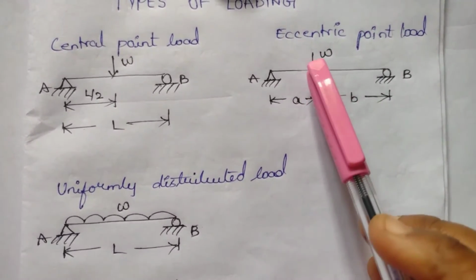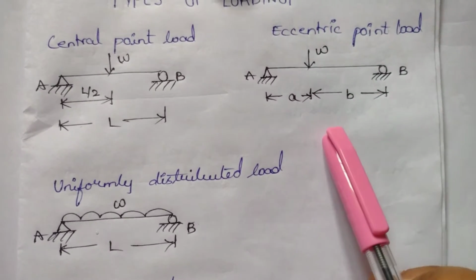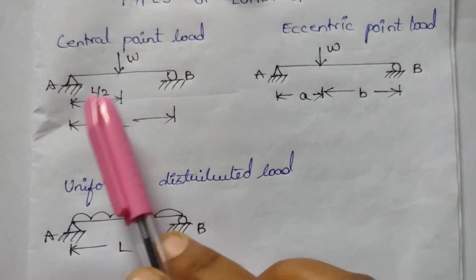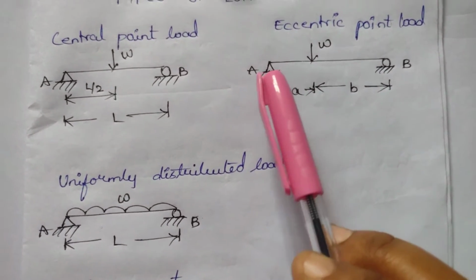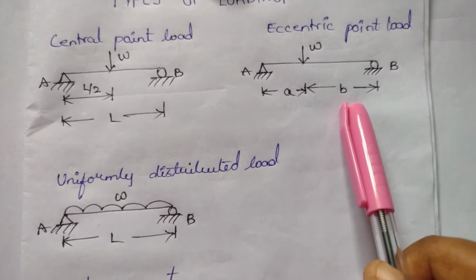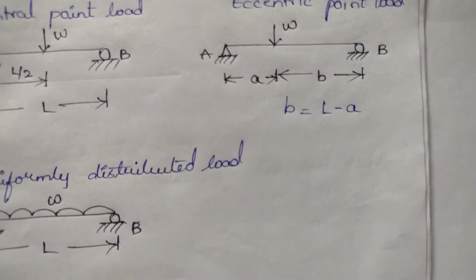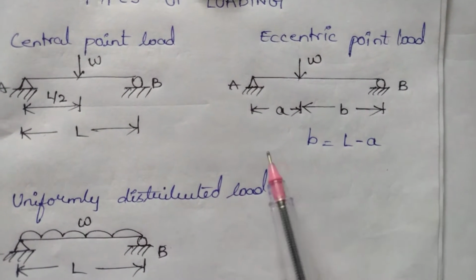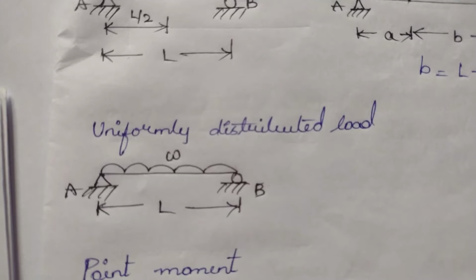Eccentric is just beside or next to the central span. This is not the center span, this is L/2, but this is at a distance A from the support. So the rest of the distance B would be B equals L minus A, the total span minus this A distance.